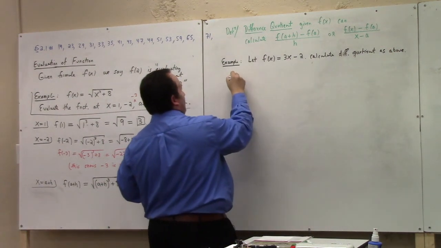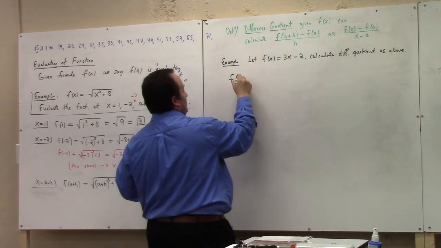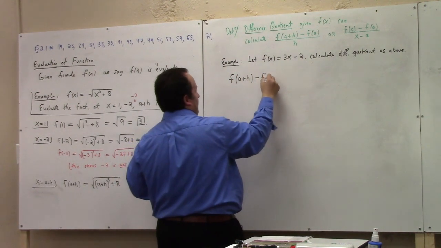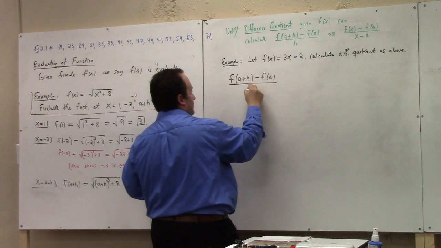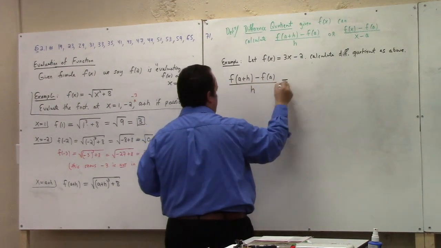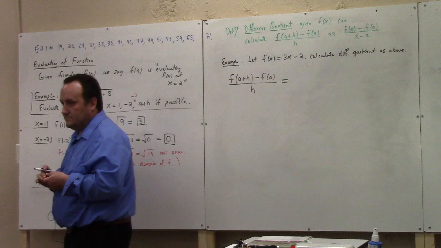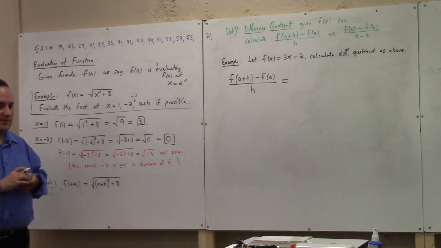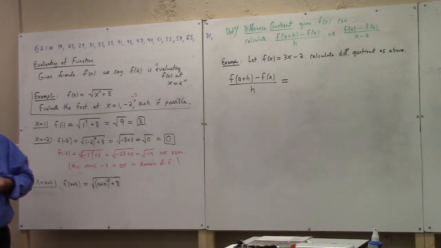So I'm going to calculate f of a plus h minus f of a, over h. So how do we do that?